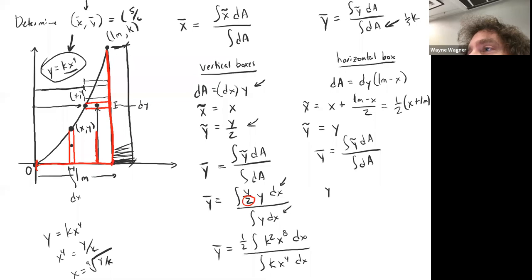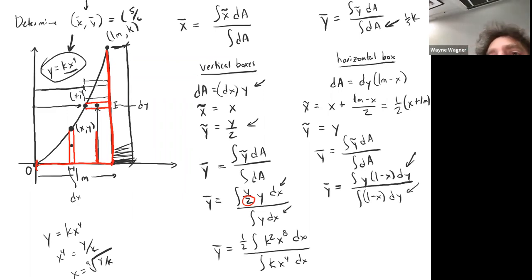So Y bar equals the Y tilde, which is Y, that's easier. And then the dA is going to be 1 minus x dy. It doesn't look too bad. And on the bottom, the dA is 1 minus x dy. Again, everything needs to be in terms of y's, so I need to turn these x's into y's using this relation over here.